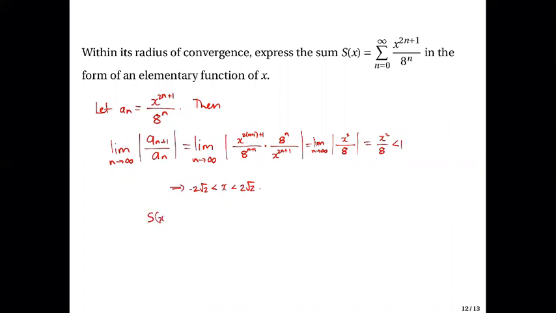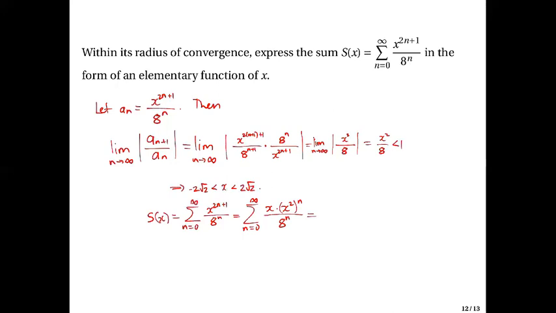Our s of x is equal to the sum from n equals 0 to plus infinity of x raised to 2n plus 1 over 8 to the n. What we're going to do is to separate this x to the 1. So this will be the sum from n equals 0 to plus infinity of x, and then we write x to the 2n as x squared raised to n, and on the denominator, of course, we have 8 to the n.